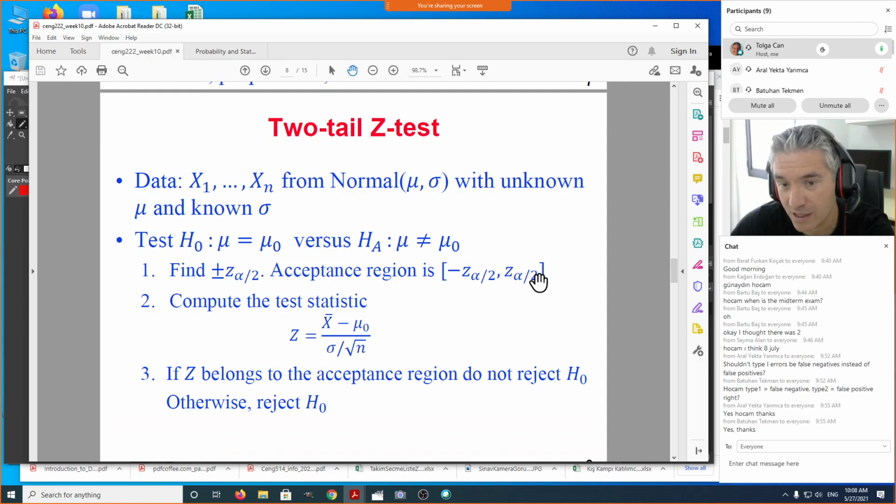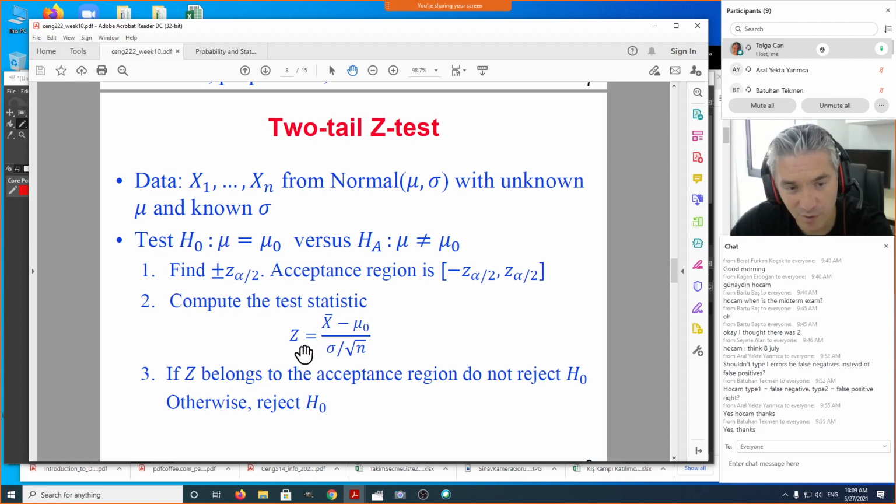This is not like the confidence interval in the non-standardized form that we conducted earlier. Now, what we do is standardize our sample mean, and then we call this the z-score, or the z-value, the test statistic, since it's a z-test.